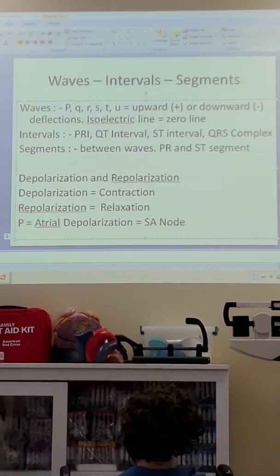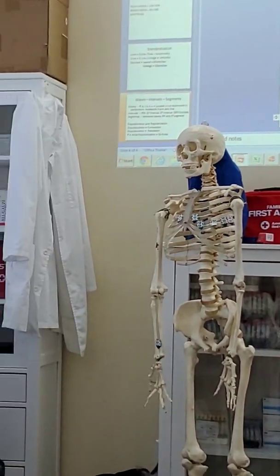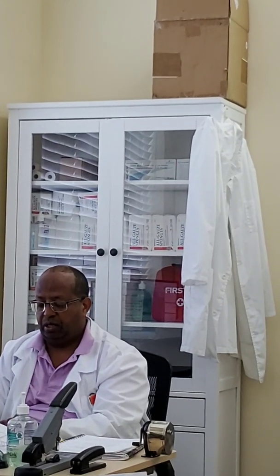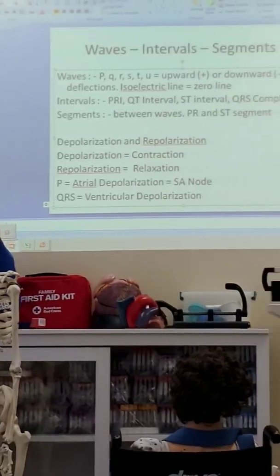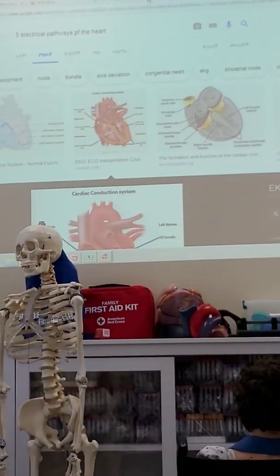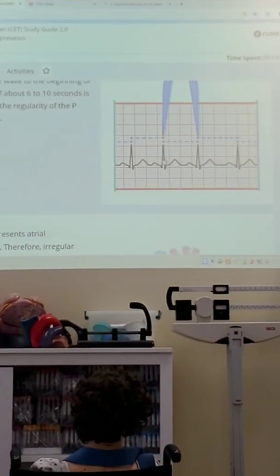The P wave always shows us atrial depolarization. So when the ventricles contract, we have QRS, ventricular depolarization. When we get that QRS, what does it mean?